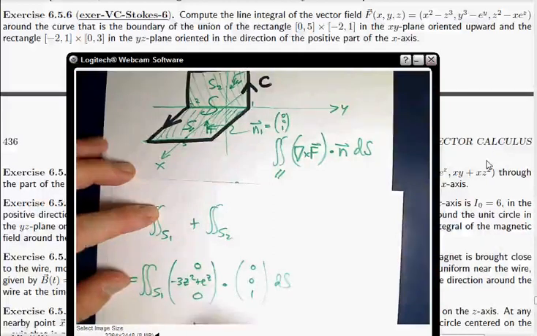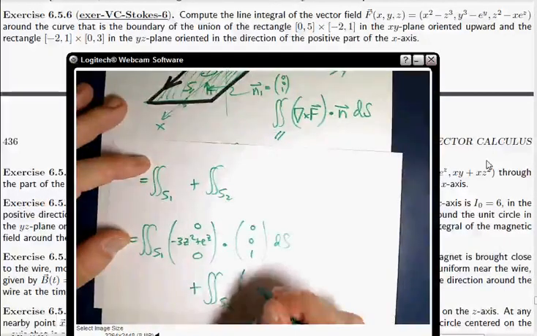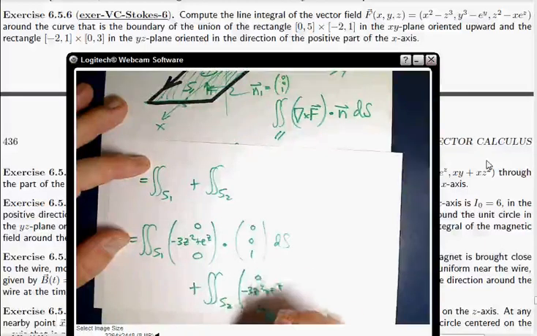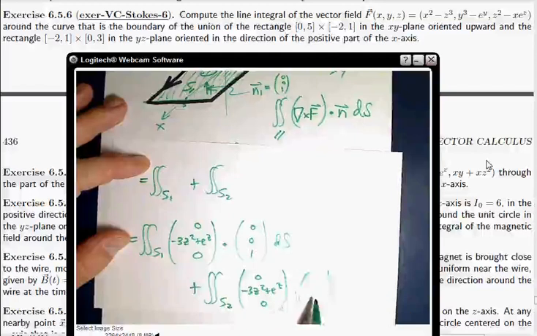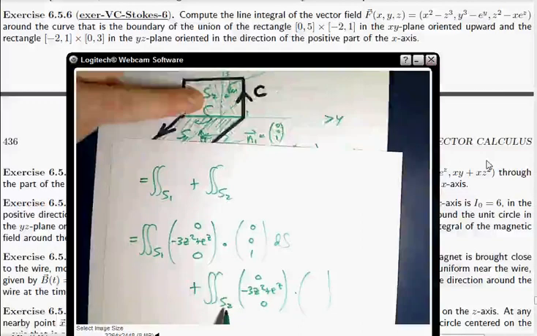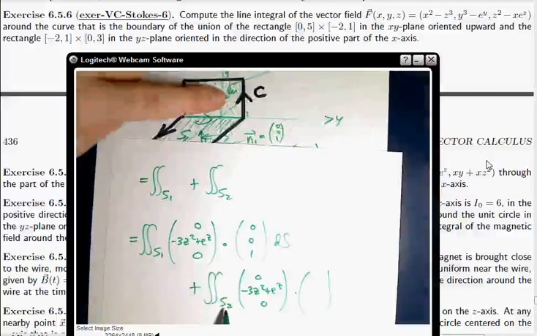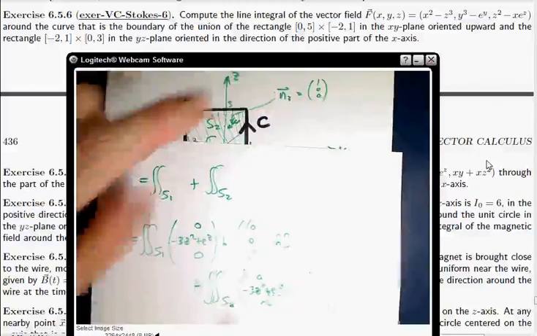And then plus flux through S2: curl dot the unit normal vector on S2, which is 1, 0, 0.